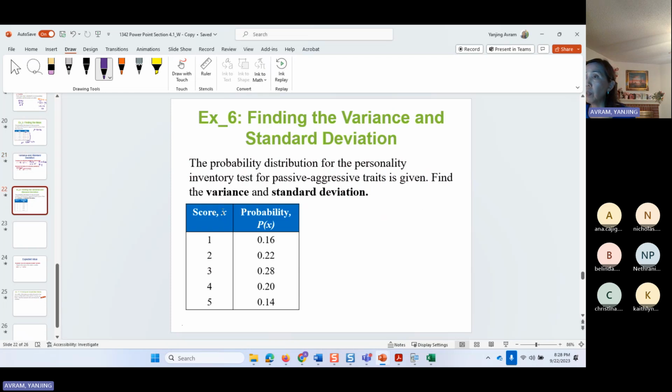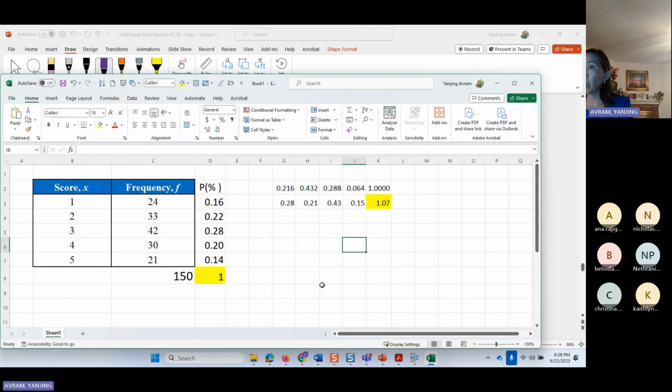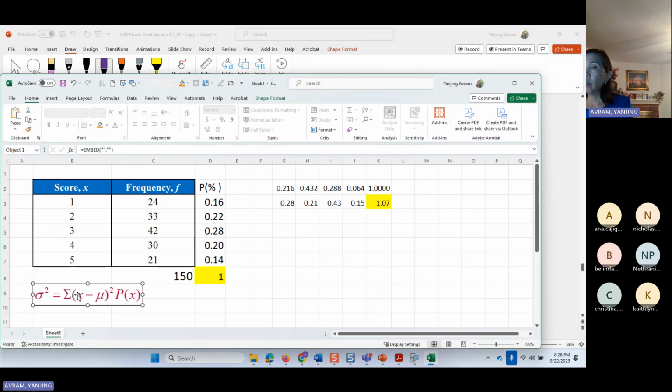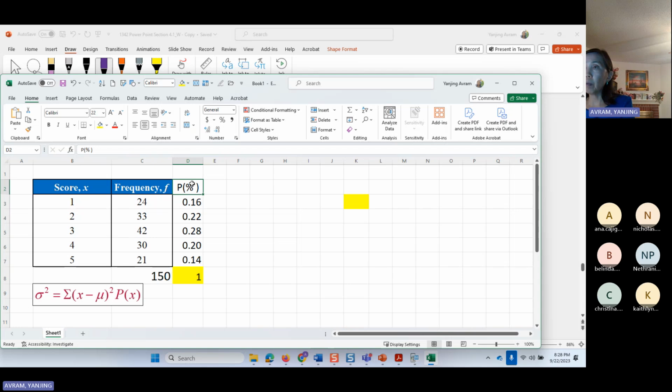So if I want to find the variance and the standard deviation for this one right here, using this formula, remember, in order to use this formula we need to use x. I don't really need a frequency for now because I already calculated this probability, p of x.